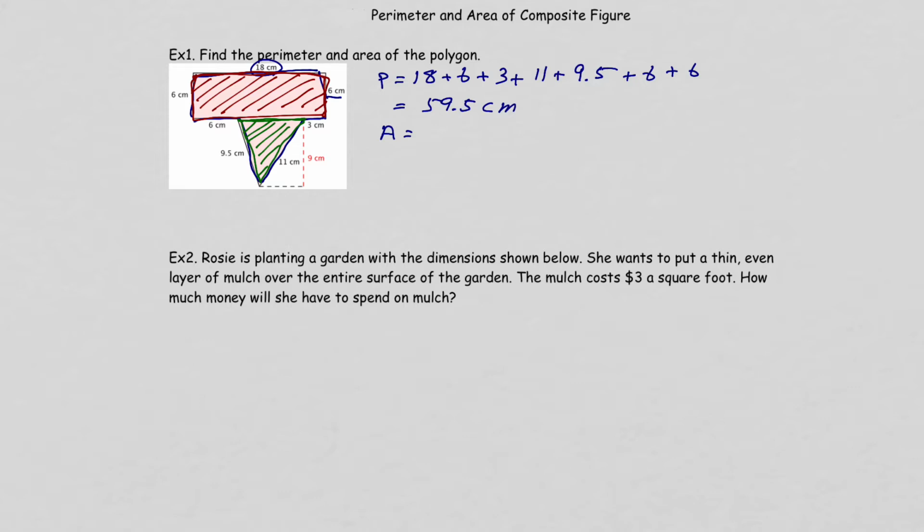So first, finding the rectangle, which is 18 by 6. You're going to multiply 18 times 6. You end up getting 108.